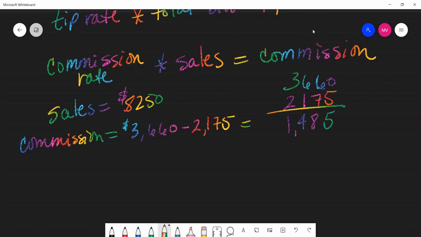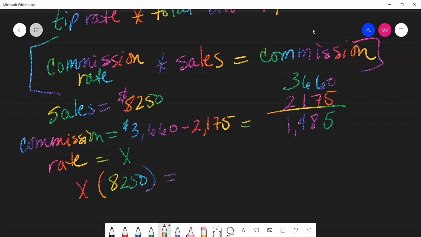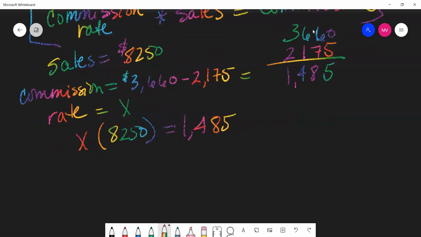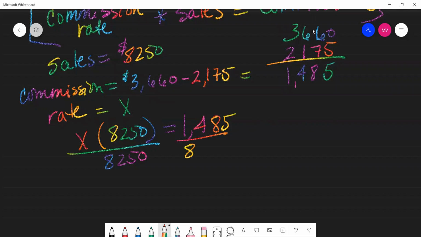All right, so commission rate is our X. So rate equals X. So using our equation above, we can plug everything in there and see that X times sales, which is 8,250, equals his commission of 1,485. So then you have a very simple one-step equation. You divide both sides by 8,250, and you find that his commission rate was 0.18, or in percentage form, because you would multiply that by 100, is 18%.